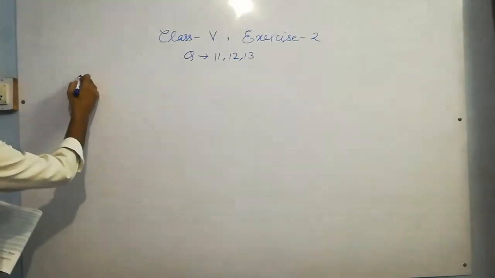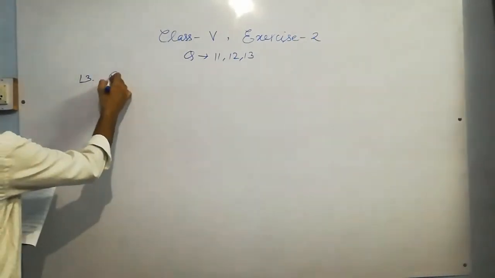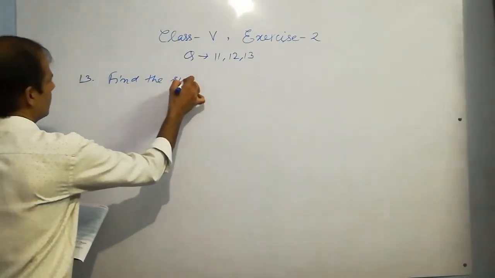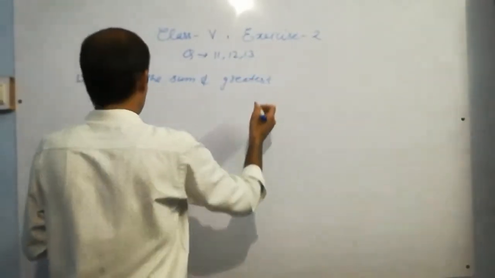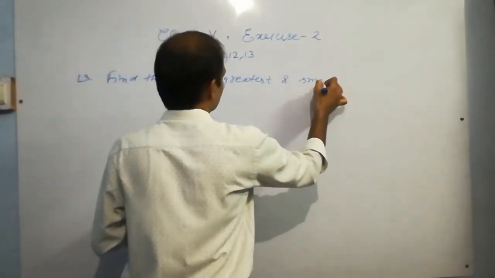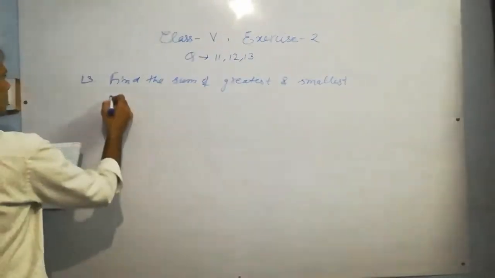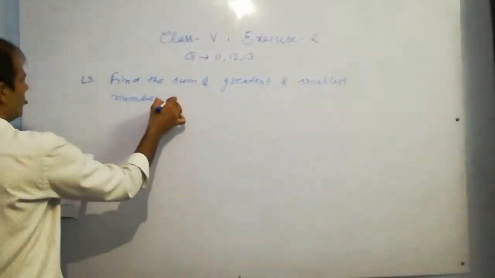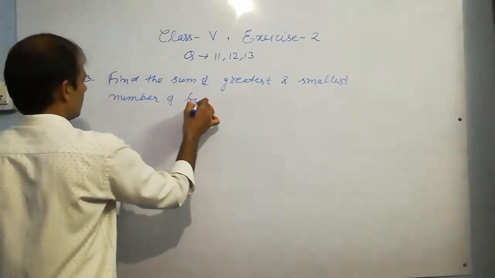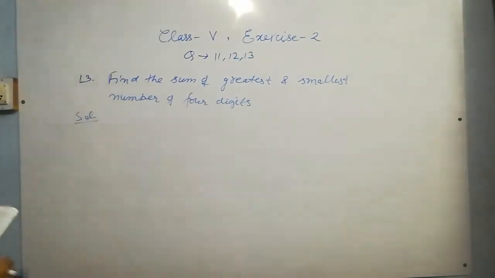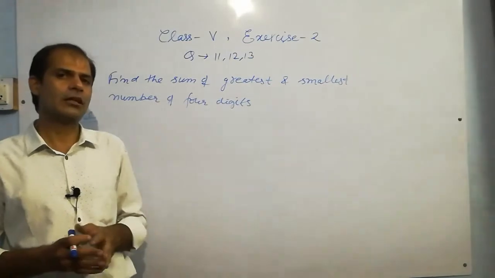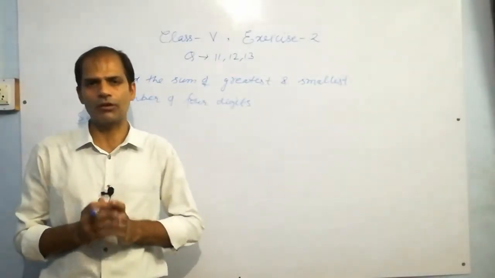Find the sum of the greatest and smallest number of 4 digits. I hope you know which is the greatest 4 digit number and which is the smallest 4 digit number.